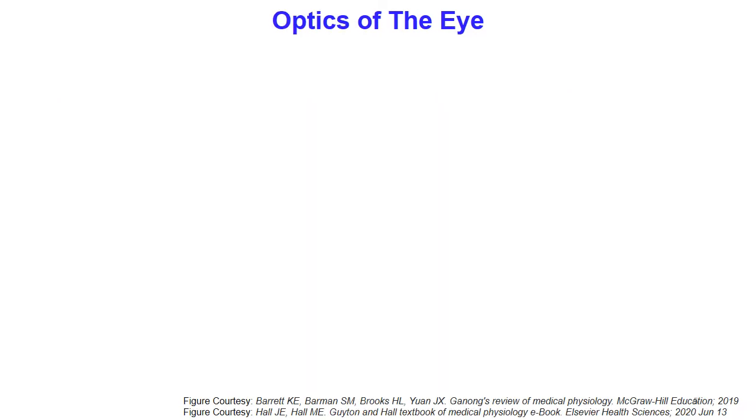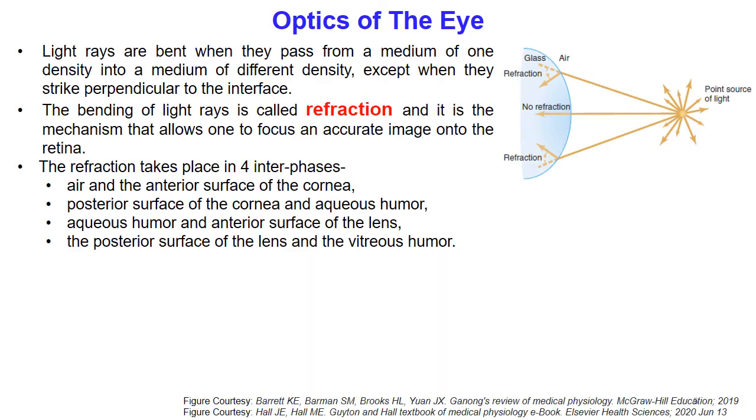Light rays are bent when they pass from a medium of one density into a medium of different density, except when they strike perpendicular to the interface. The bending of light rays is called refraction, and it is the mechanism that allows one to focus an accurate image onto the retina.